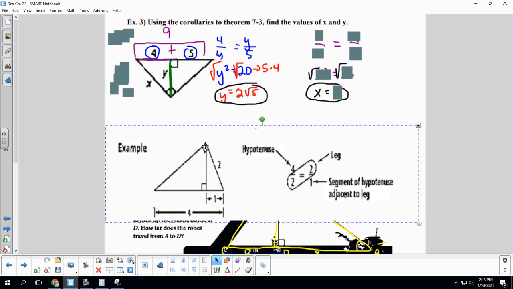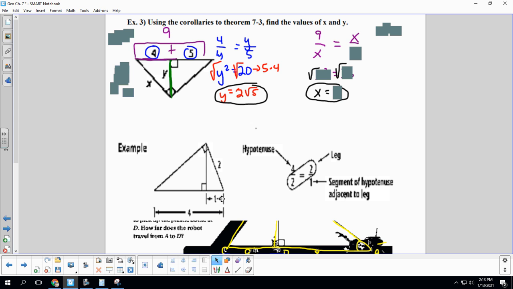So if you look, here is our big triangle. The outside guy is 2, so anywhere the 2 happens, we're going to put an x, because that is the outside leg. And in this case, the whole hypotenuse for us is 9, because it's 4 plus 5.